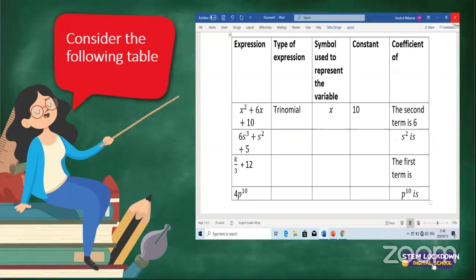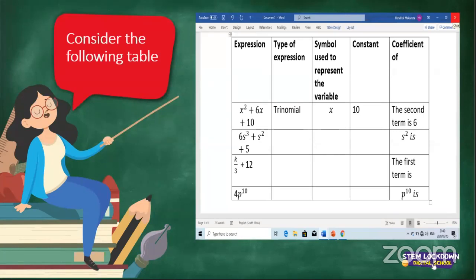Is it a monomial, trinomial, binomial? Can we get the type of expression? Right, there are two hands. Kuto, your hand is up.